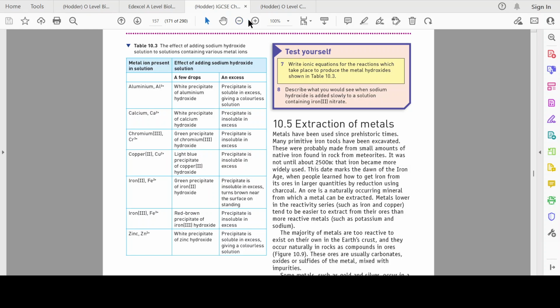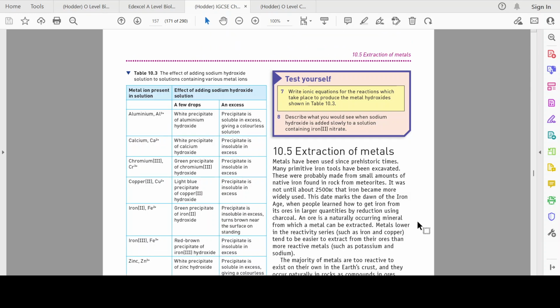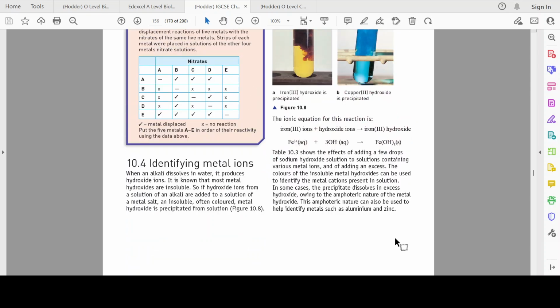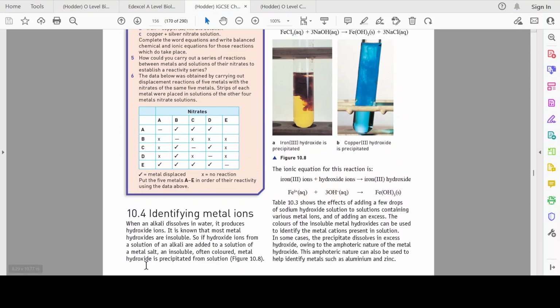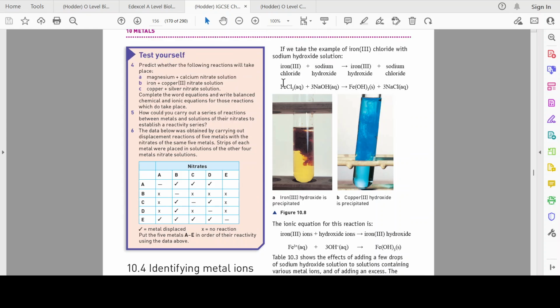See here, when we are testing for the metal ions, we are adding an alkali, in this case sodium hydroxide. What we're getting is an insoluble metal hydroxide. We talked about iron chloride and sodium hydroxide giving iron hydroxide, which is insoluble. So it's precipitating.